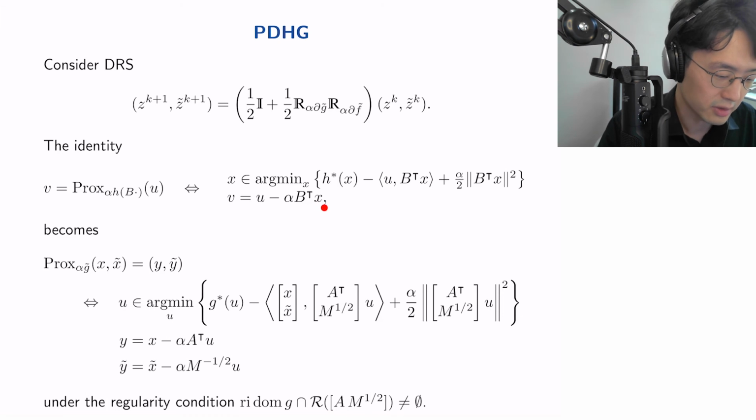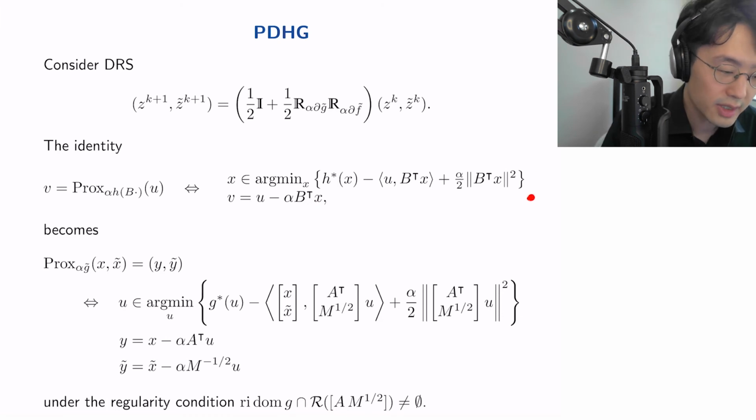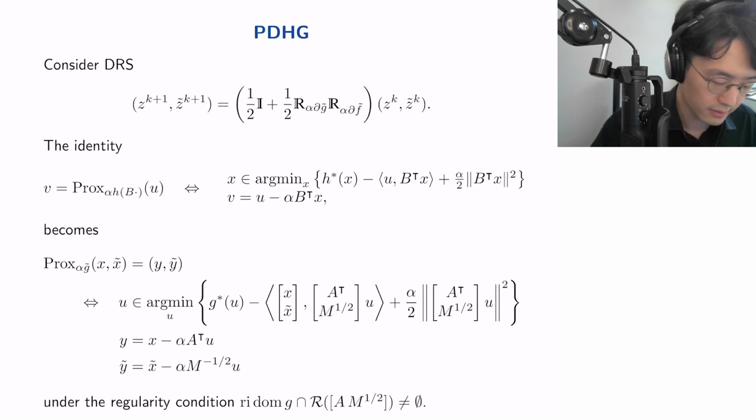product and vector subtraction. So this identity applied to our function g tilde provides us with a formula to evaluate the proximal operator with respect to g tilde, where the input is x comma x tilde and the output is y comma y tilde. The way we do so is we perform this minimization problem, where we minimize g conjugate with this inner product.